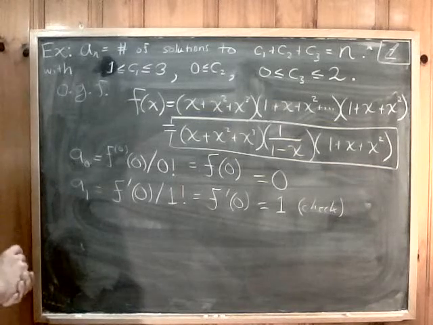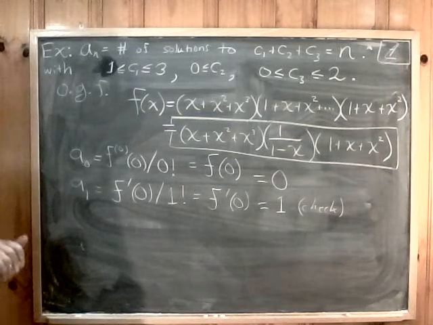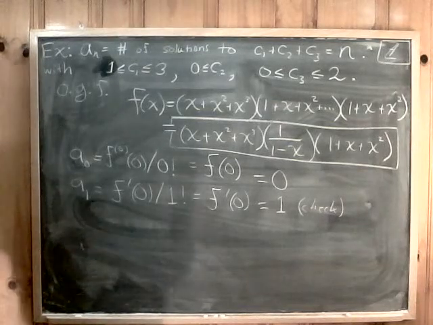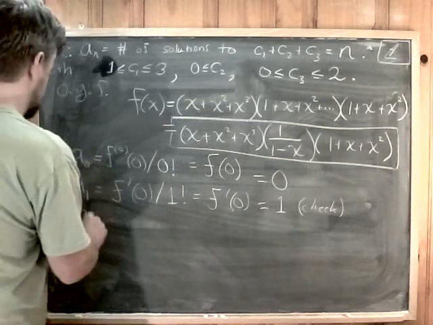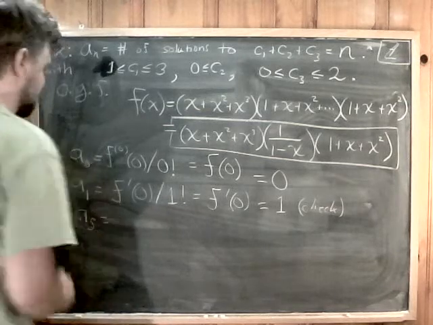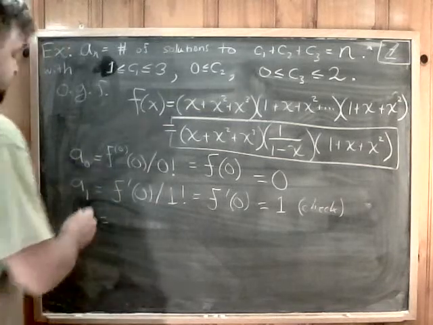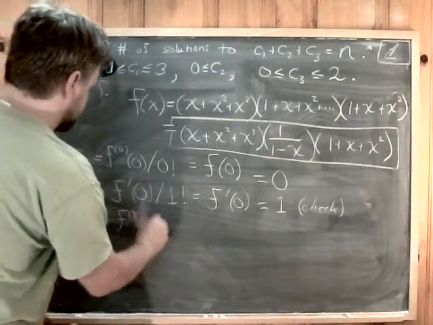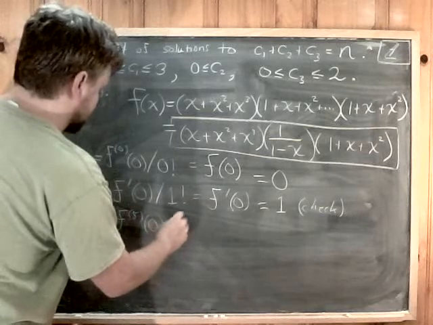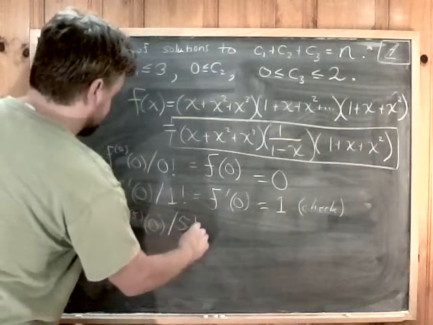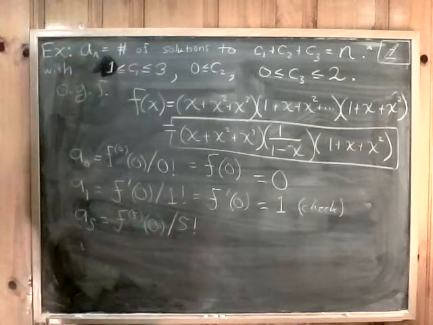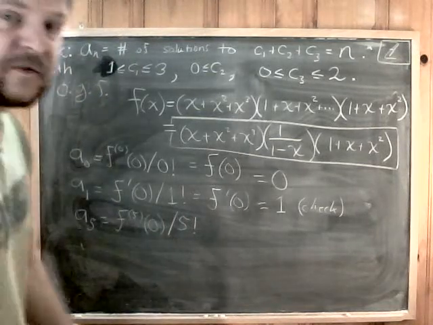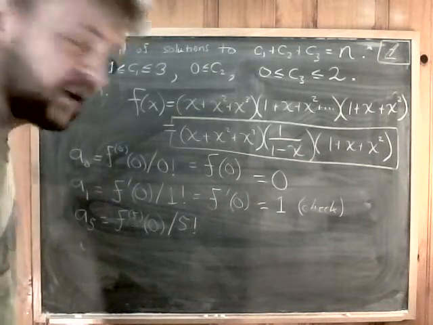So, for instance, let's go with n equals 5. Alright, so if n equals 5, just for review, what you would do is take the fifth derivative, plug in 0, divide by 5 factorial. So you can also find it with inclusion-exclusion, which gives you a double check on your quiz.